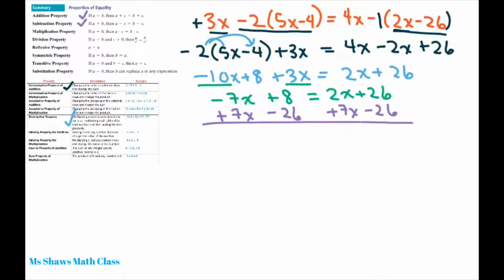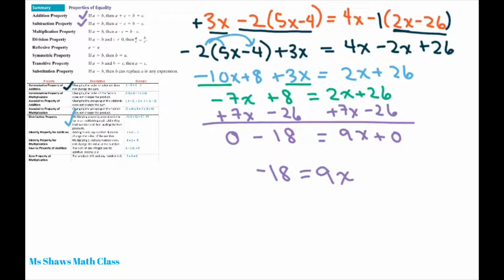When you do that, you're going to get, let's see, this is going to be 0, and this part's going to be 0, 9x, and this is going to be negative 18. So what we get is negative 18 equals 9x.